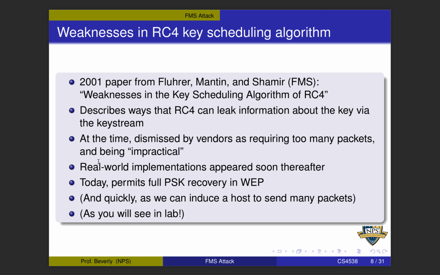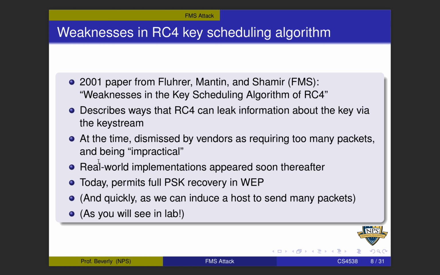At the time, this paper was dismissed as being purely academic, especially by vendors who characterized it as requiring too many packets and being completely impractical. Of course, these vendors had some commercial interests at heart. It turns out that real-world implementations of the FMS attack and implementations that improved upon this attack appeared soon thereafter.